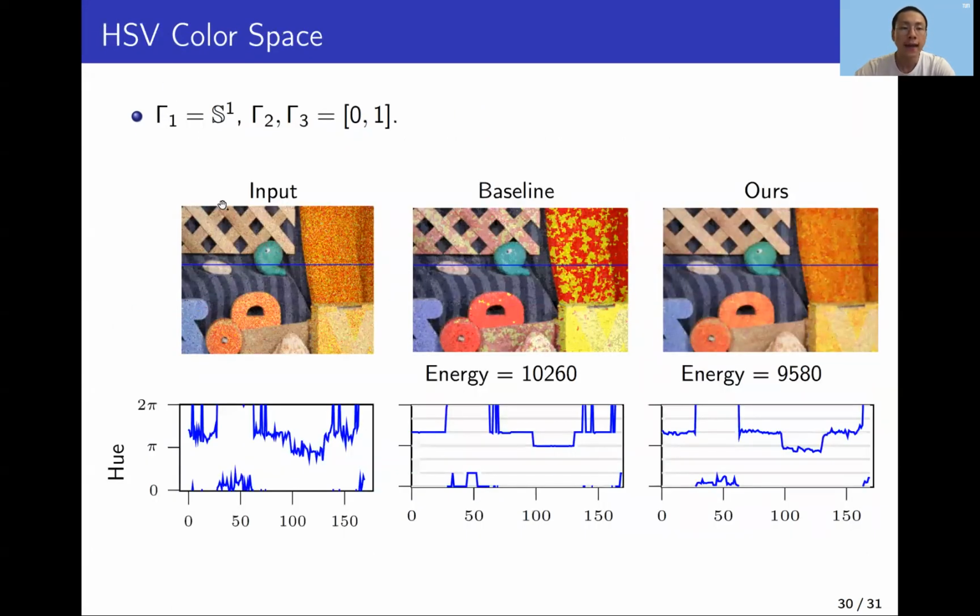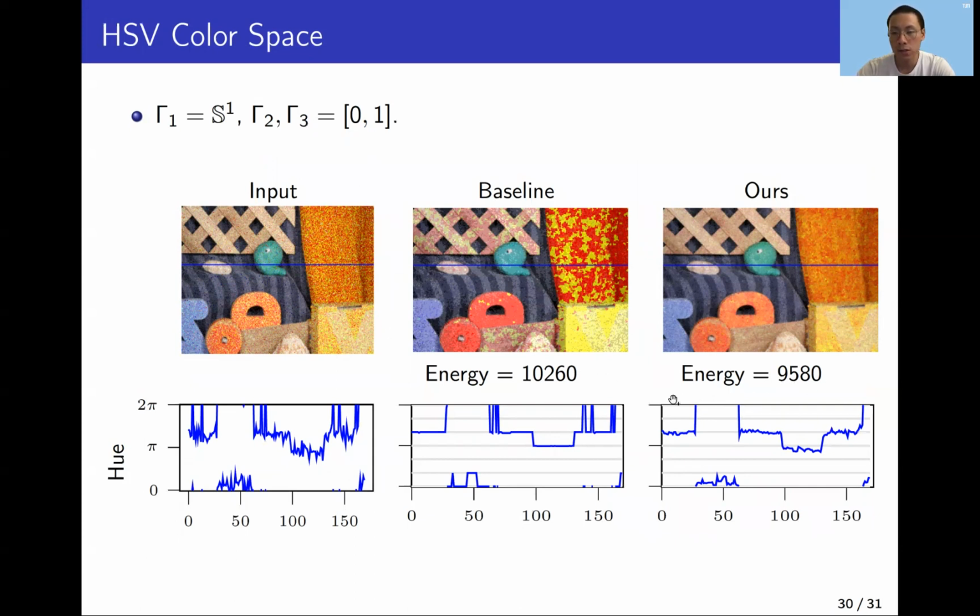The last is HSV color space denoising. The difference compared to the normal denoising is that we have a hue component, which is a 1D manifold.